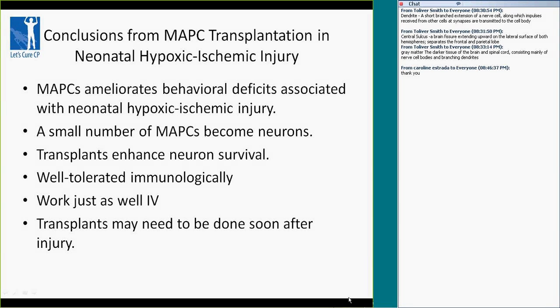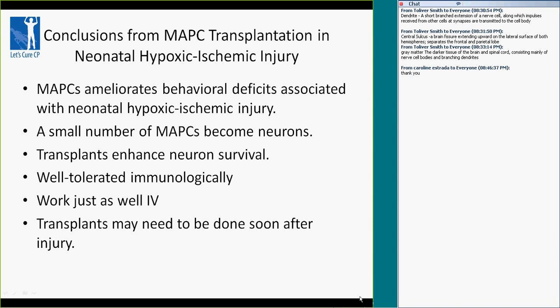We found that a very small number of MAPC cells become neurons naturally, and we're working on improving those numbers. We've also noticed that transplants seem to enhance the survival of neurons that are already in the tissue.